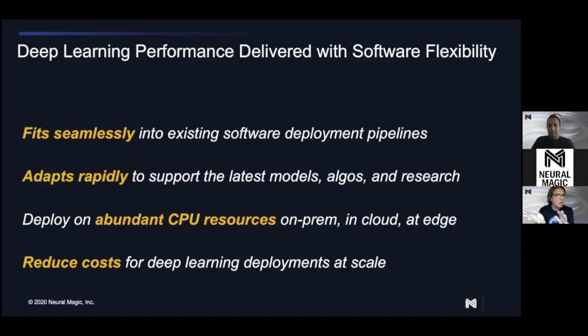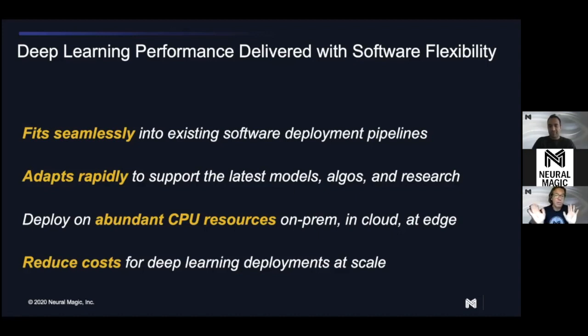And because it's software, we can adapt very rapidly to support the latest models, algorithms, and research, right? There's no need to swap out the hardware to take advantage of some new capability or advance in the deep learning market, which is moving incredibly quickly. We have all the benefits to respond and move rapidly because we're a software-only solution.